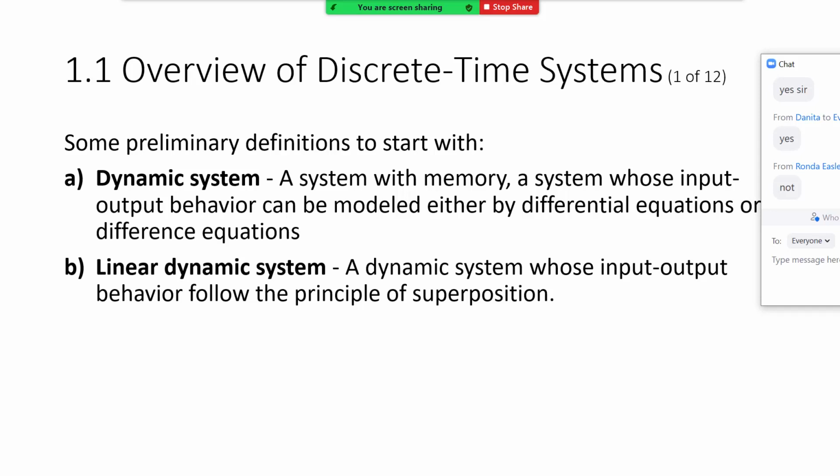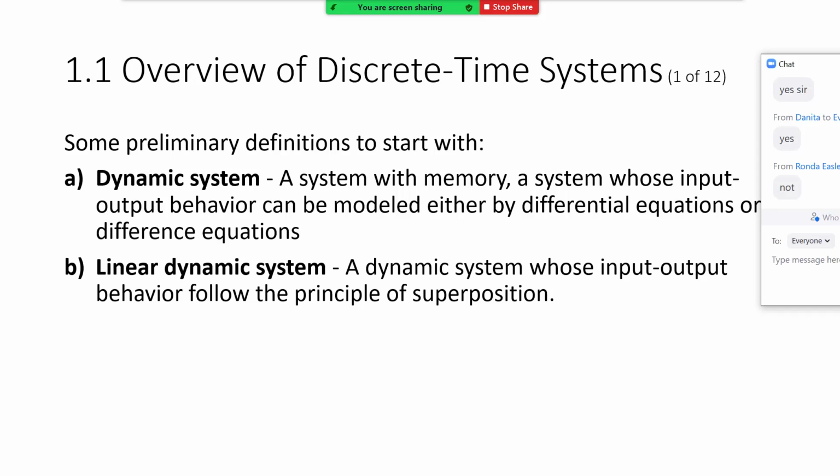And if you remember, in control systems, we looked at different mechanical systems and electrical systems, and we were able to get a model of a mechanical system and of a circuit, and we used differential equations in order to obtain a model of that system.